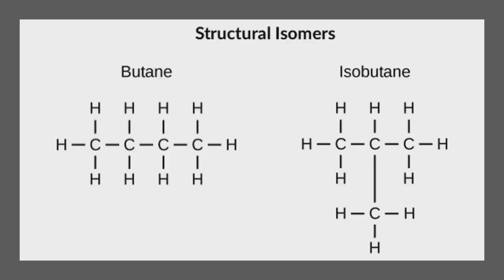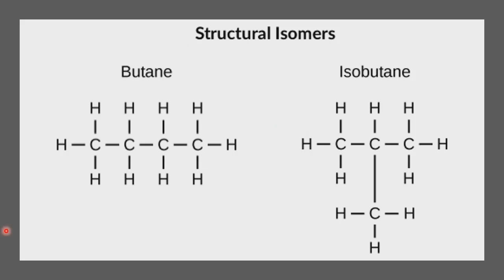Here is an example of structural isomers, butane and isobutane. The molecules have the same carbon skeleton and the same functional group, such as the CH, but the functional group in butane and isobutane is located in different positions.